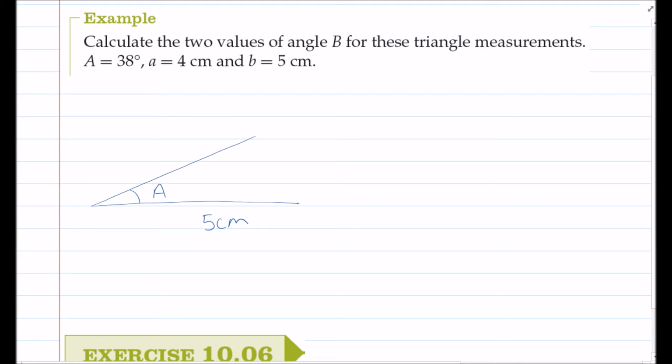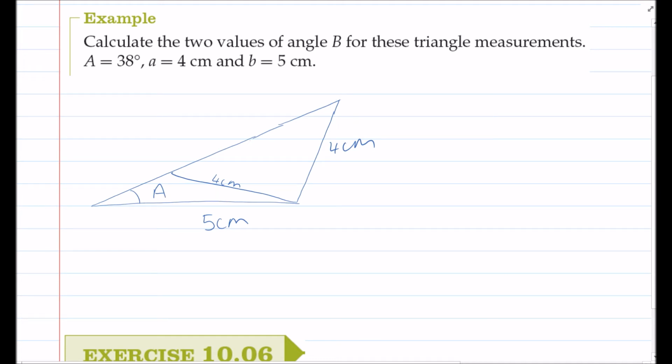And there are really two options for side A. Because it's less than 5 centimeters, we could have a side along there that's 4 centimeters, or we could have a side along here that meets our triangle up there, that doesn't really look like the same length, say like that, and that's also 4 centimeters. You can kind of see just with the eye that that's roughly the same length as that side.